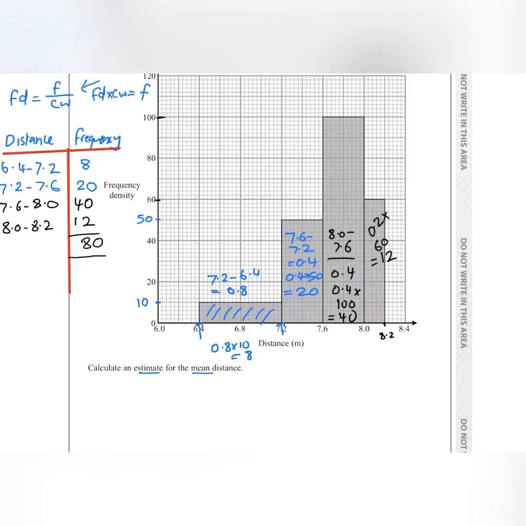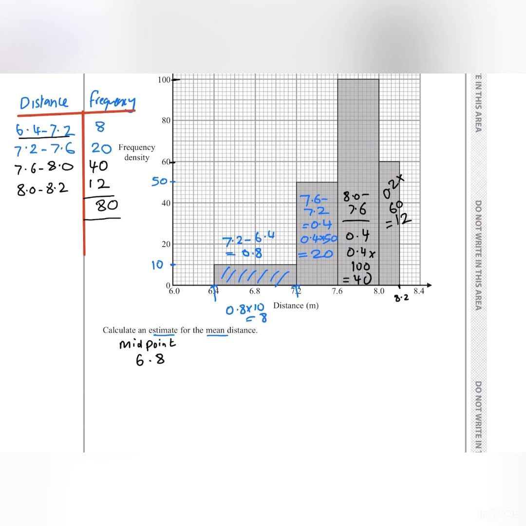Okay, so now to find the mean. When the data is given in groups, we look at the midpoint of each group. For the first group, the midpoint is 7.2 plus 6.4 divided by 2, so the midpoint is 6.8, times by 8.